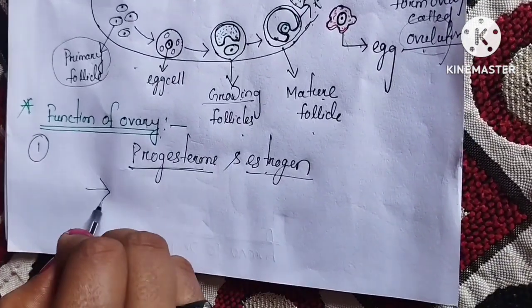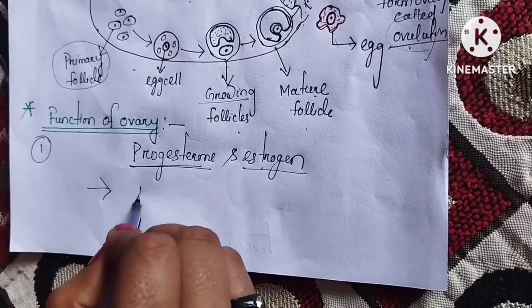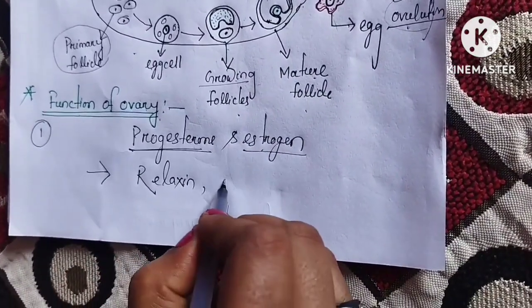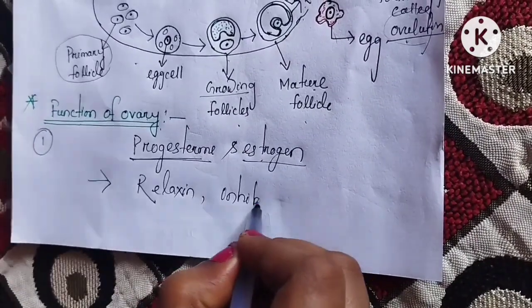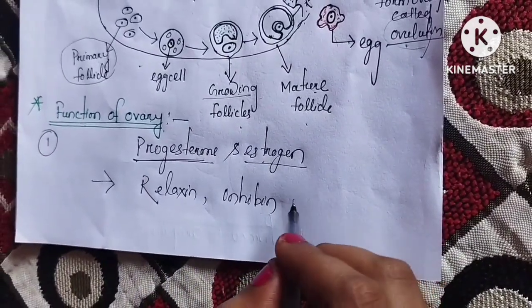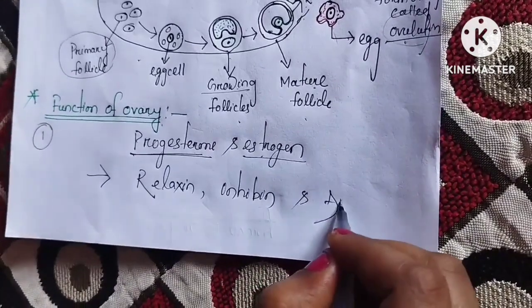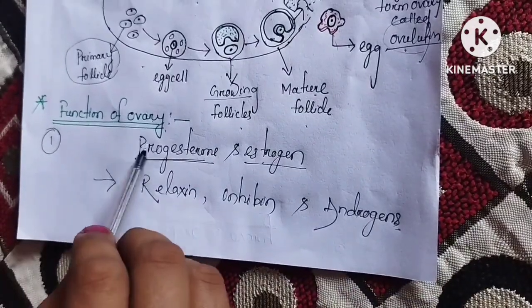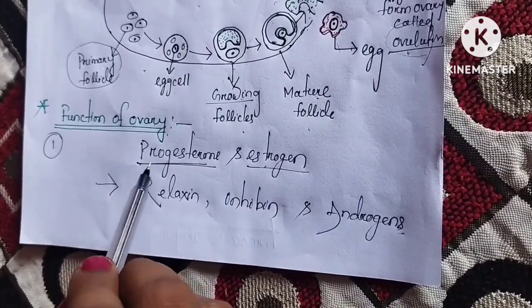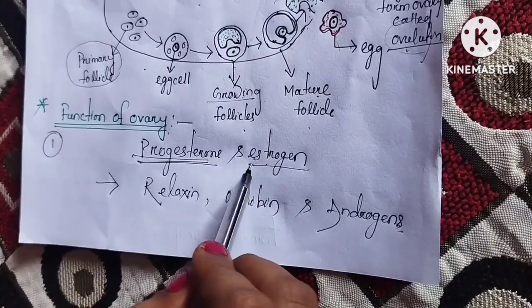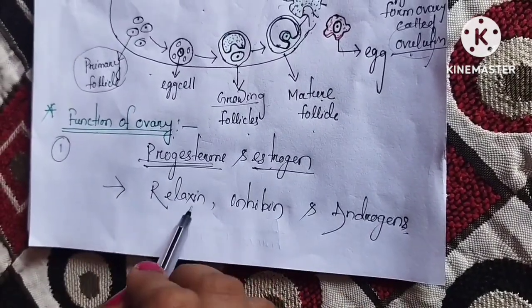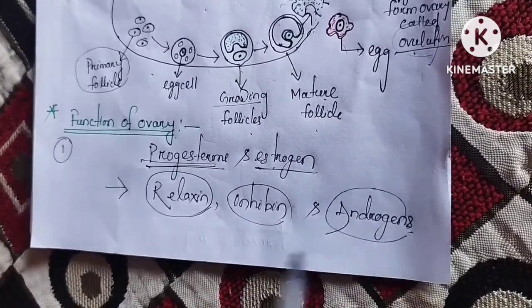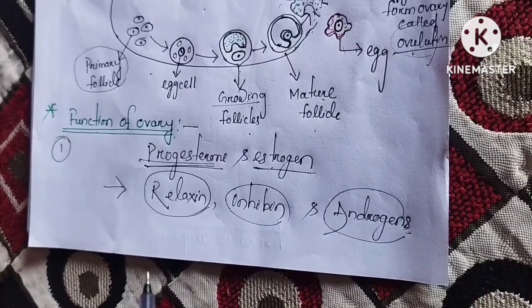The ovary also secretes other hormones like relaxin, inhibin, and a small quantity of androgen.